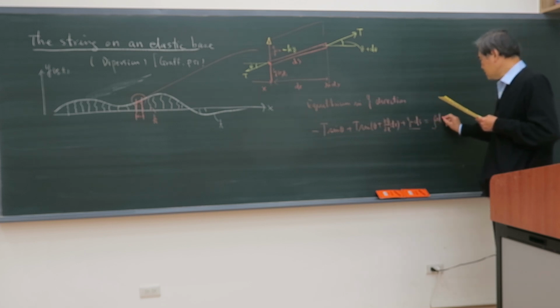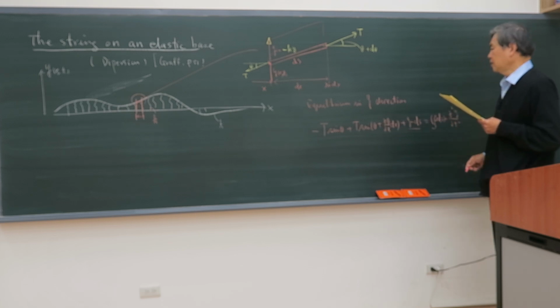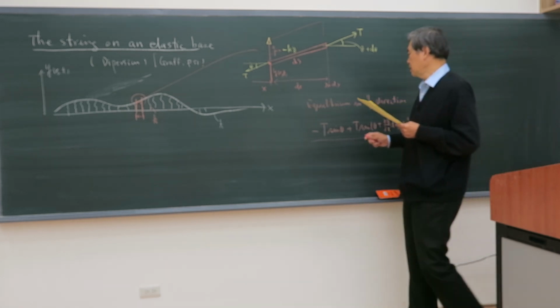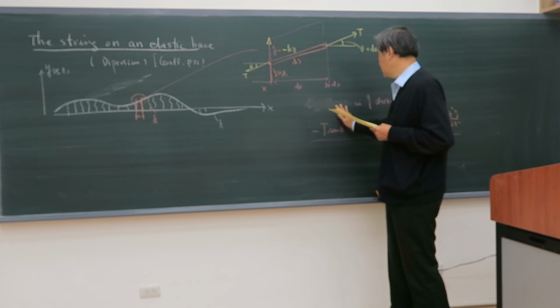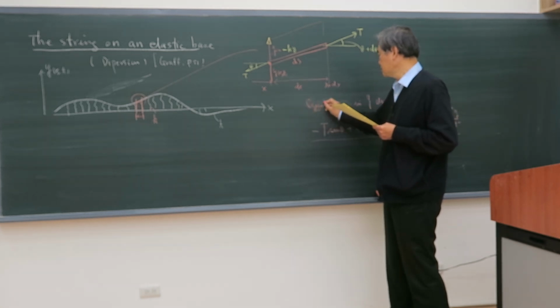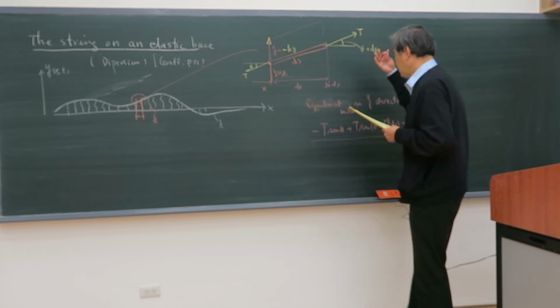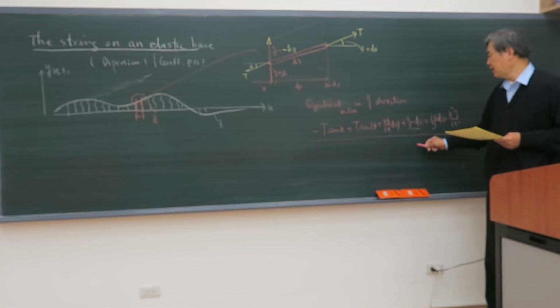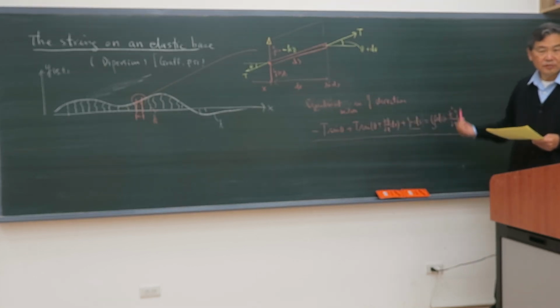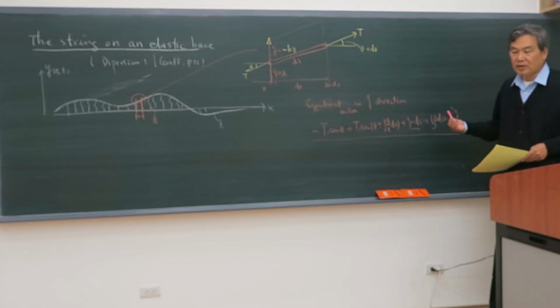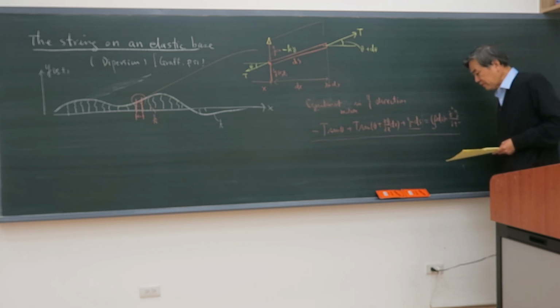So the mass, rho ds, times the acceleration, partial squared y partial t squared. So this is our dynamic equilibrium, the equation of motion in the y direction. The unbalanced force will cause acceleration. It's very fundamental, but all the derivation for the governing equation starts from here.